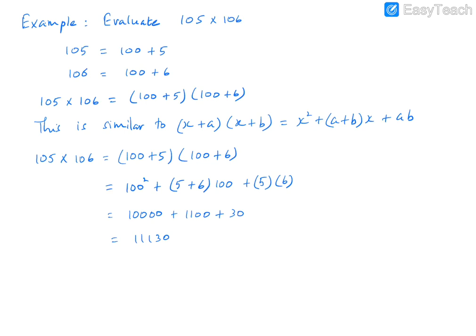Let us now do one more example of evaluating some products from the exercise part. So we'll do question number 2, part 1. I'll do only one of the exercise problems. So it's again exercise 2.4, and we are going to do question number 2, the first part, where we have to evaluate 103 into 107.